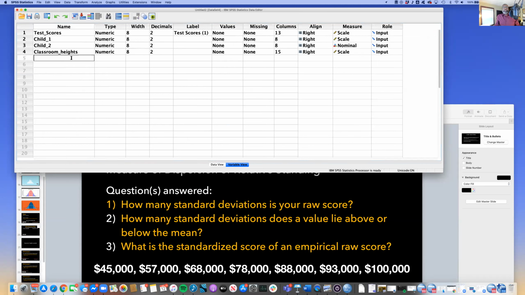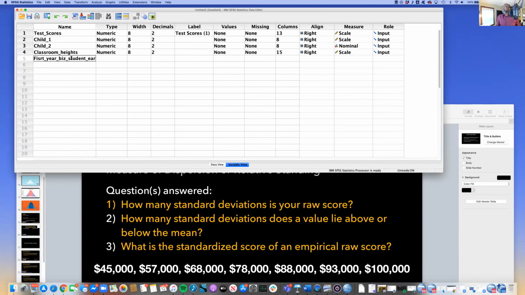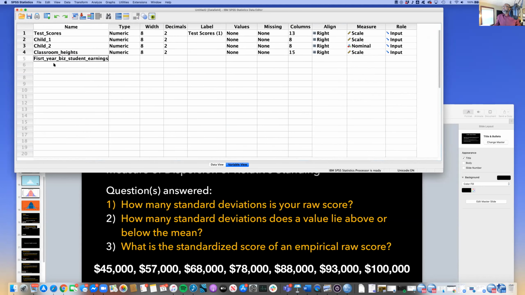And in variable view, row 5, we're going to put in first year biz student earnings. Okay. First year biz student earnings, and make sure to put an underscore between each of them.